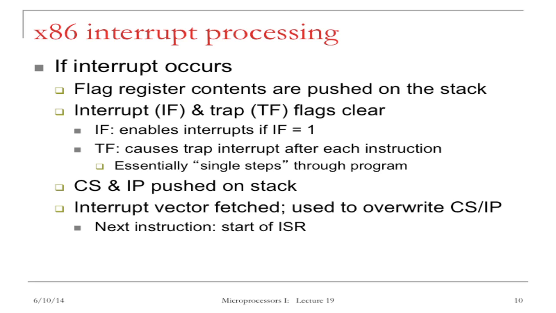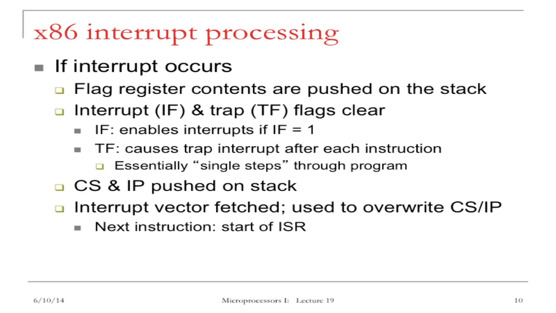When x86 tries to process the interrupt, it will do the following things. First, the flag register's contents are pushed onto the stack, and then it will clear two flags, the interrupt flag and the trap flag. Interrupt flag, or IF, enables interrupt if IF is 1, and trap flag will cause trap interrupt after each instruction.